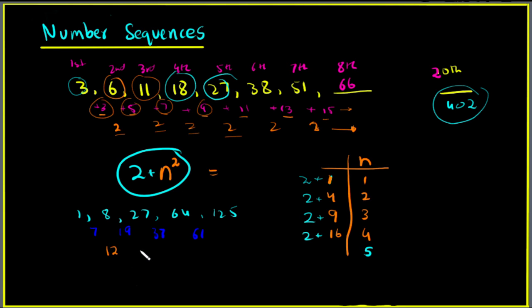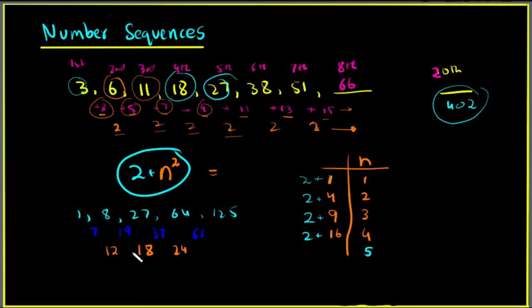And then 37 minus 19 is 18, right? And 61 minus 37 is 24.